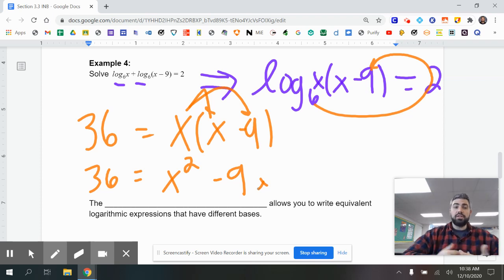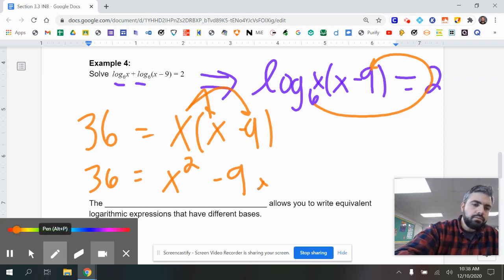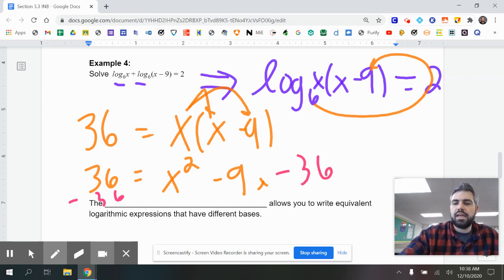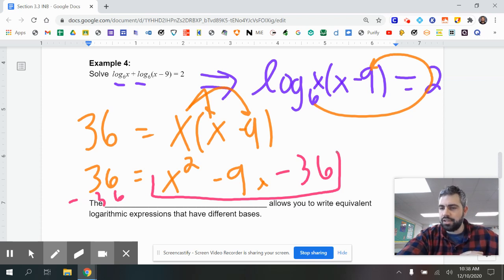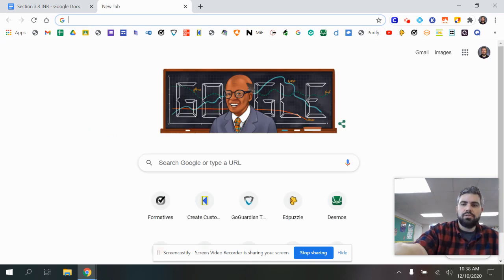Now we distribute, and we say 36 is equal to x squared minus 9x. If we wanted to solve this, we would subtract 36 from both sides, and we would say that x squared minus 9x minus 36 equals 0. Now, how do we solve a problem like that? There are lots of different ways to solve quadratics, the easiest of which is Desmos. We graph it.